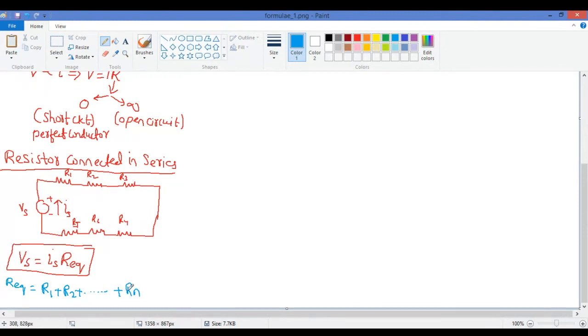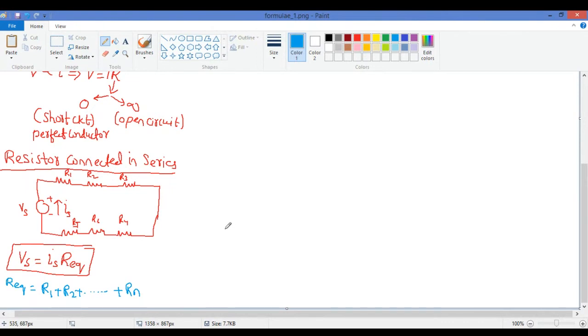Please remember this, because all resistors carry the same current. Do all of you understand this? Any question up to here? Good.